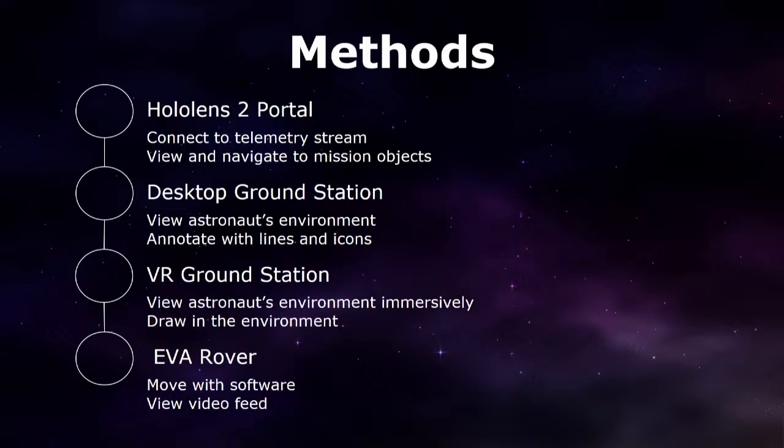Then finally, the rover. I'm not going to touch on this too much because we'll have more time for questions if we do it that way. But the rover is able to move around based off of commands given via an AR menu and send video feedback back through the menu.